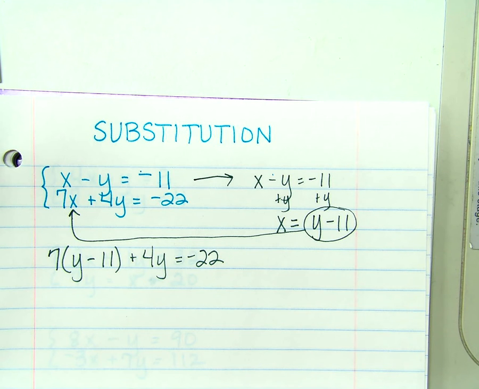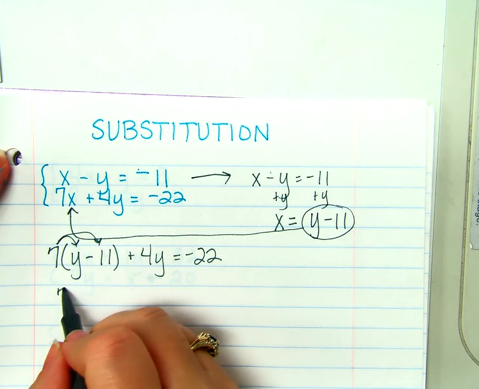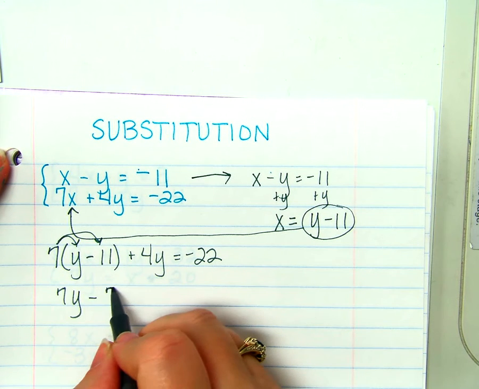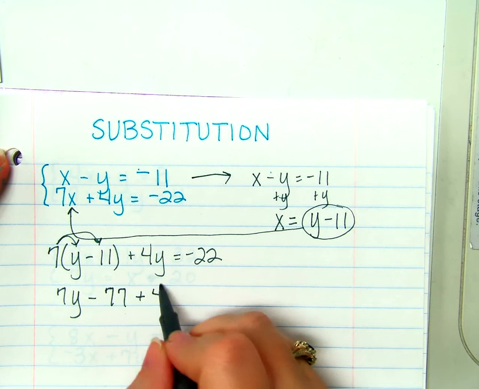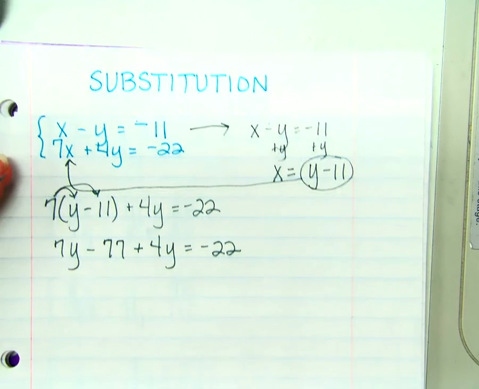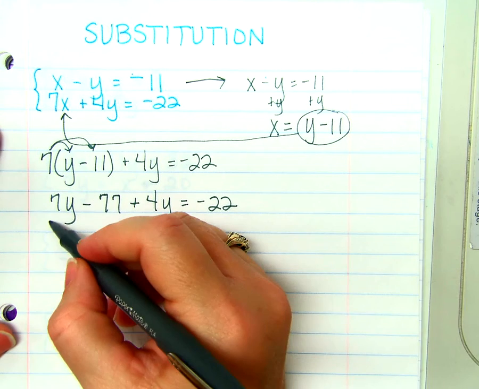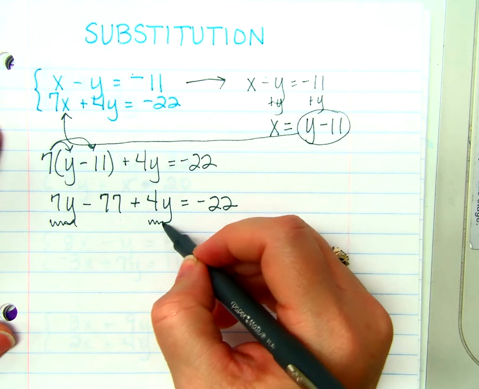So now what? Do you just distribute? Now I just distribute. That's exactly right. Here and here. Is that like we did last week or something? Yep. Now what do I do? I can combine my like terms, can't I?